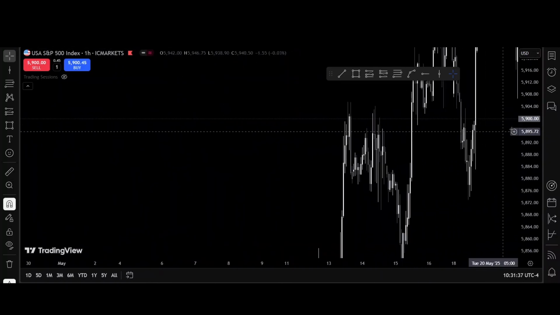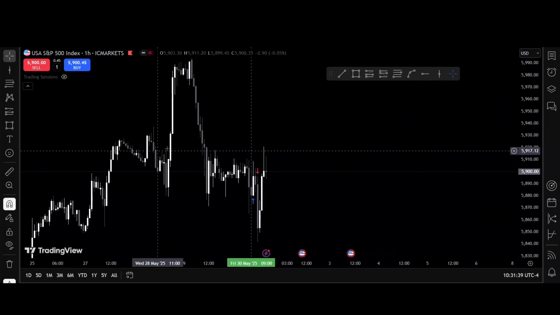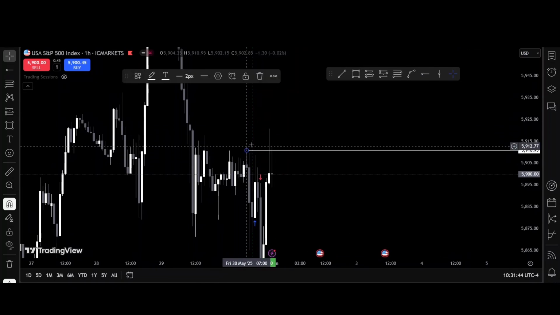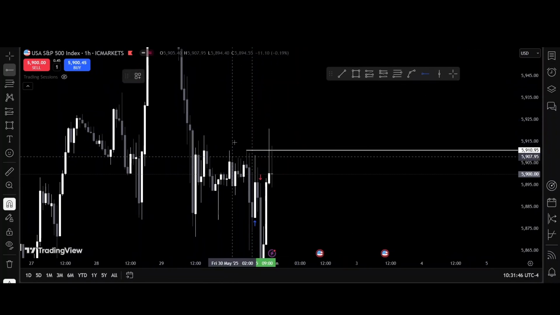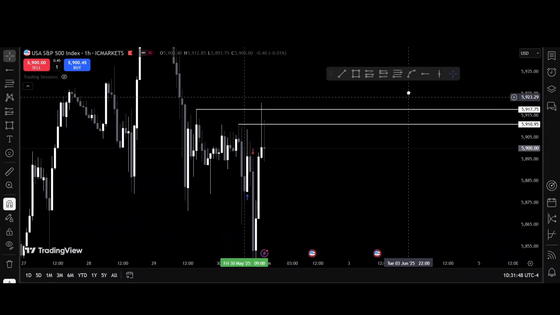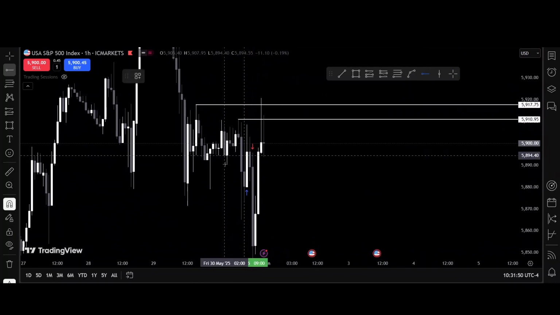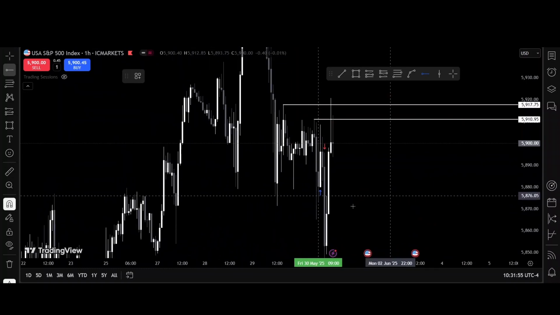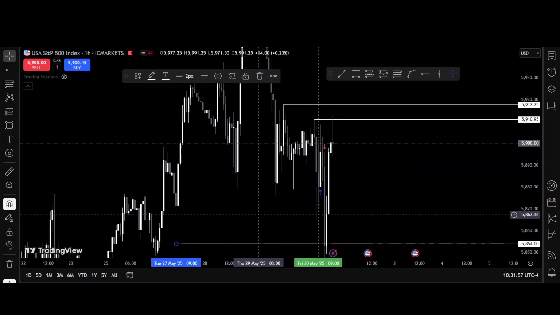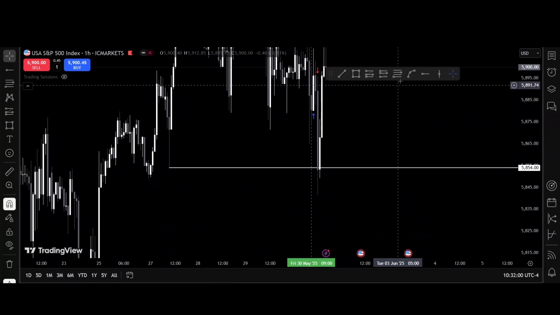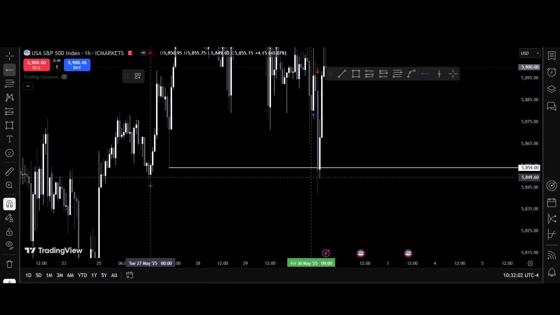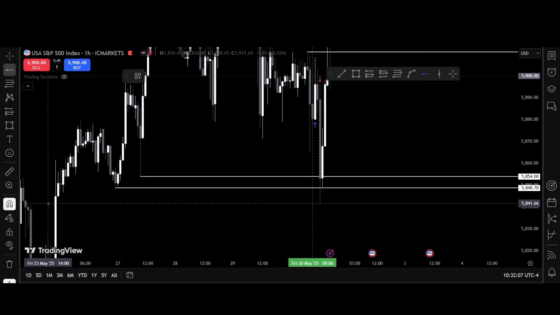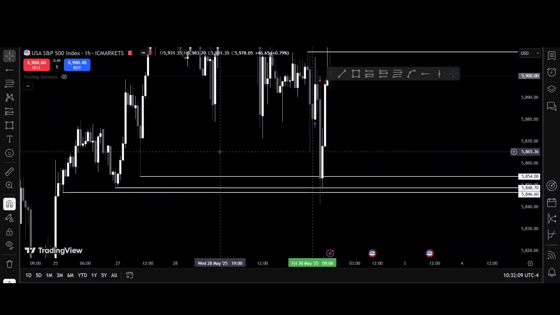So for the bias for yesterday, I had 2 bias, which is literally all the biases I can have. I was either looking for longs or shorts, because on ES I was bearish, but on NQ I was bullish.